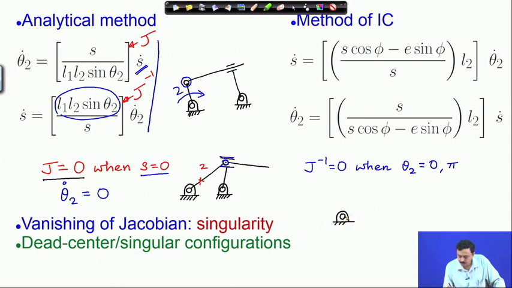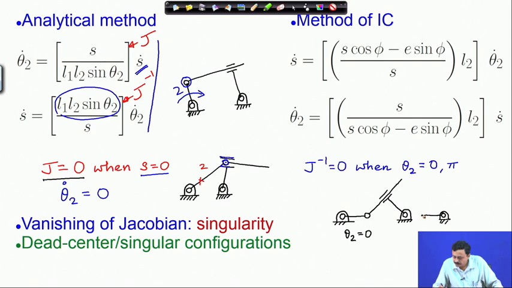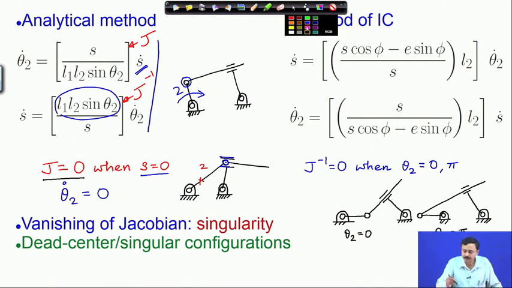When theta 2 equal to 0, this is one configuration, and theta 2 equal to pi radian gives us this configuration.